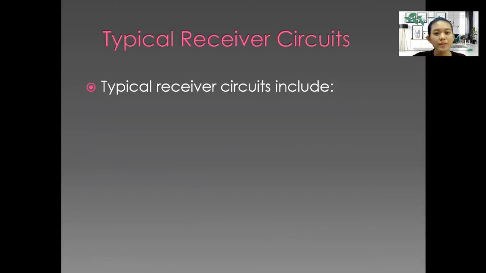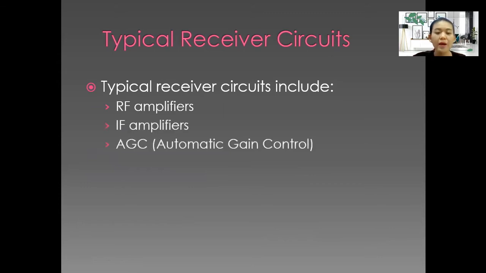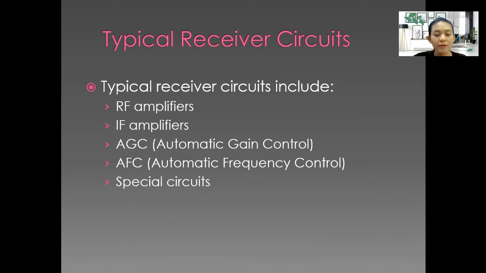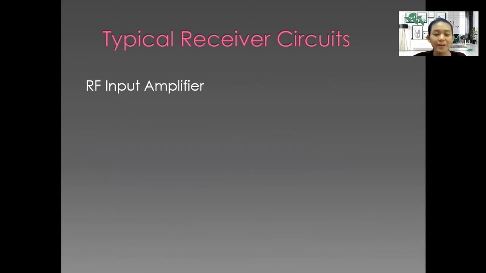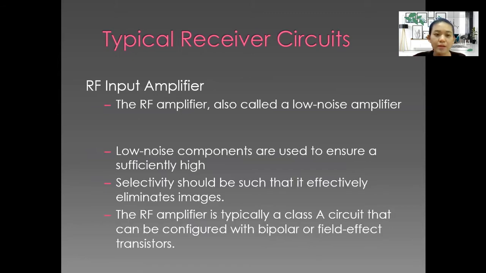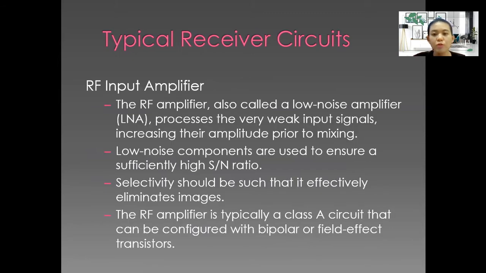Okay, what is a typical receiver circuit? It includes RF amplifiers, IF amplifiers, AGC (automatic gain control), AFC (automatic frequency control), and special circuits. For the RF input amplifier, the amplifier, also called a low noise amplifier (LNA), processes the very weak input signal, increases its amplitude, and does mixing.